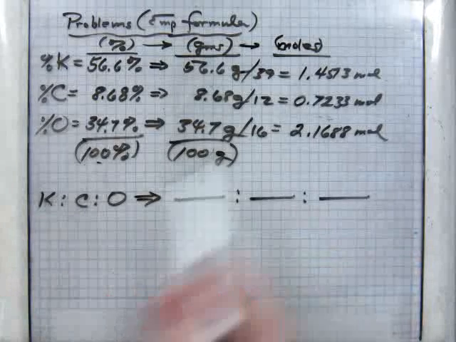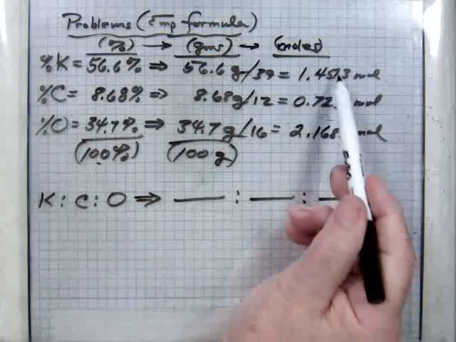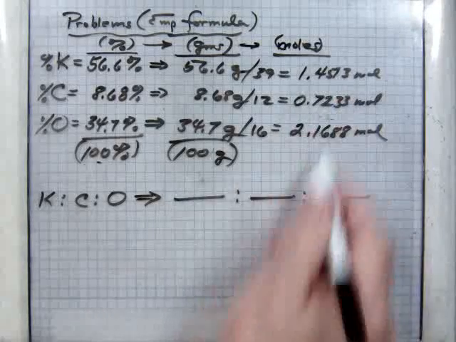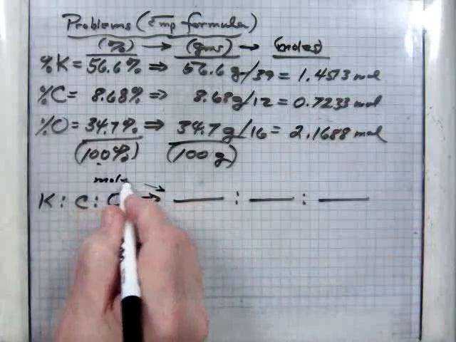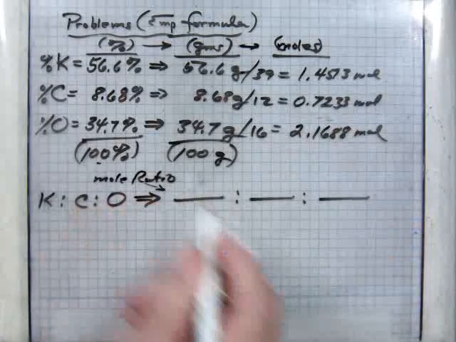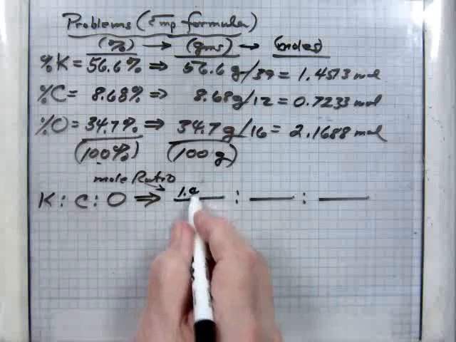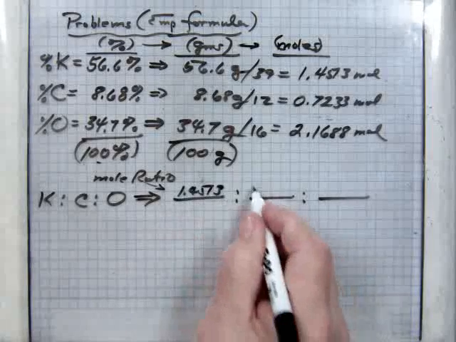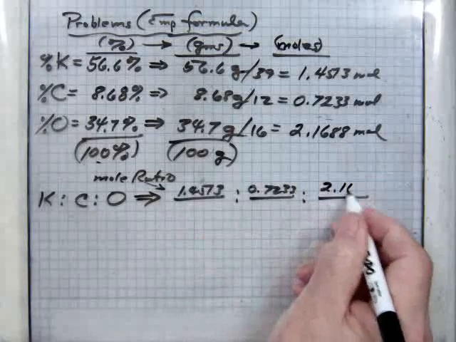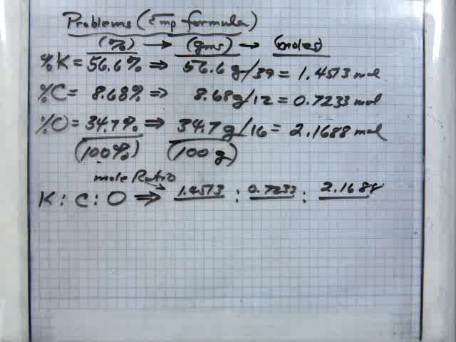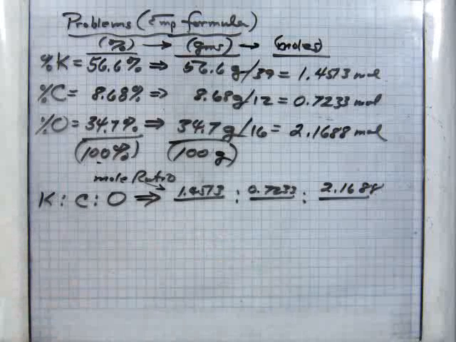Now, the ratio refers to the mole ratio, so I'll put the mole ratio on top. And that will be 1.4513, 0.7233, and 2.1688. Okay, now at the bottom you want to reduce by dividing by the smallest of the number set that you just had. Divide by the smallest number.